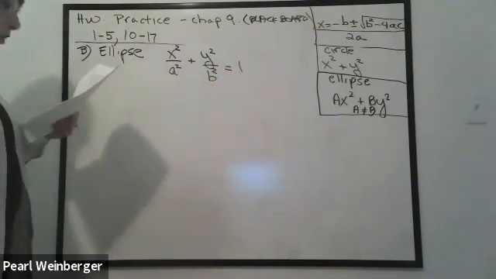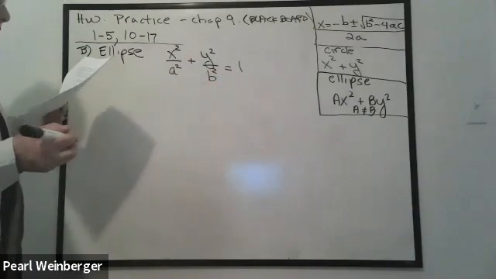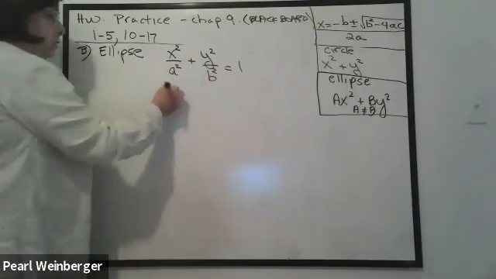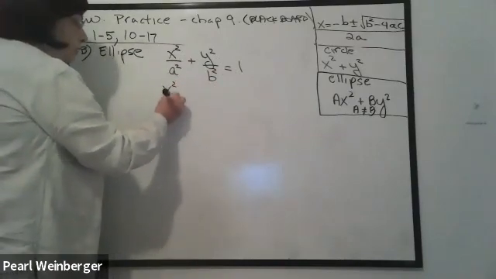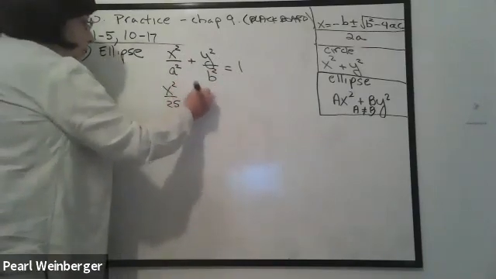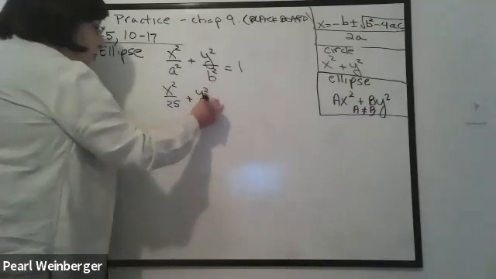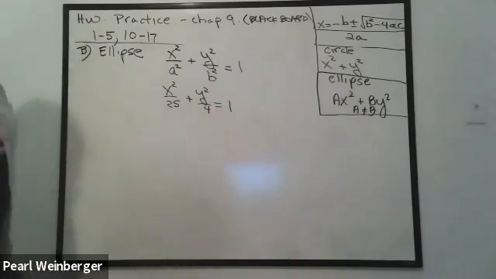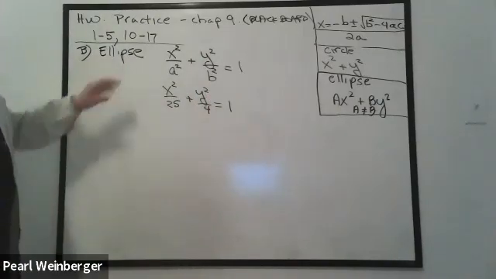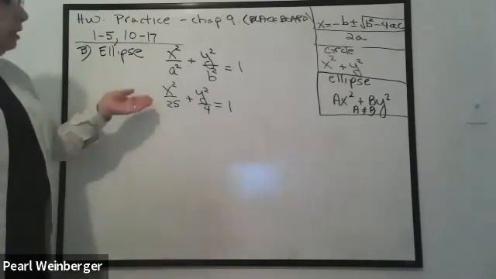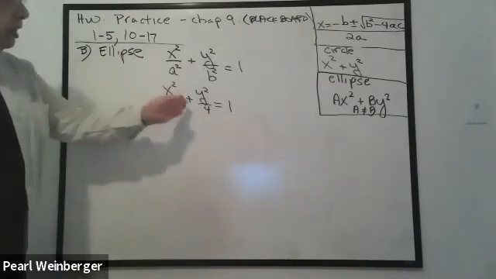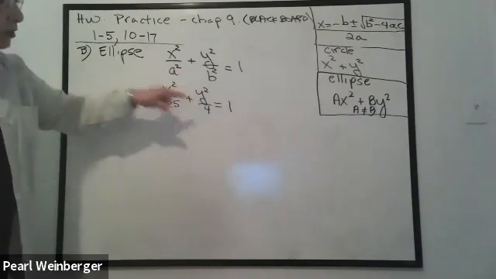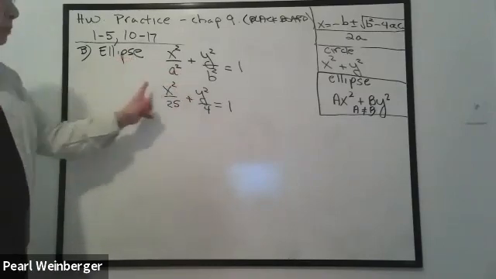So if I give you an equation that looks like this, x squared over 25 plus y squared over 4 equals 1, I will know this is an ellipse. Usually they'll tell you it's an ellipse, but you could recognize that it's an ellipse because there's an x squared plus a y squared term, but the coefficients of the x squared and the y squared terms are not plain 1.